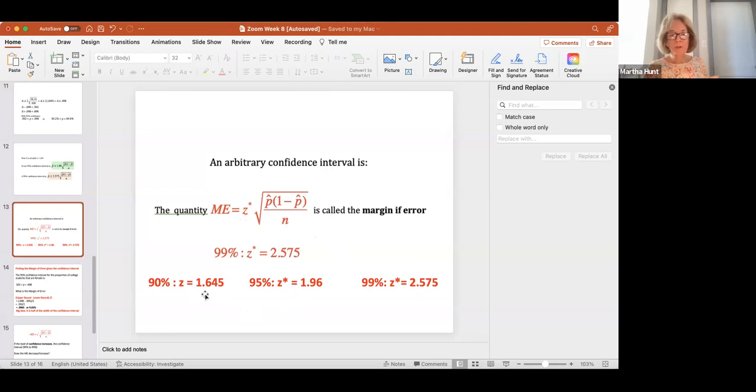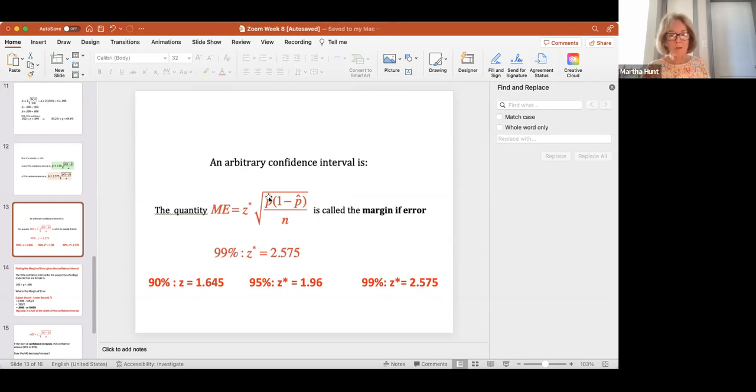If you want to capture the middle 90%, a 90% confidence interval, it's 1.645. 95, a little bit bigger, 1.96. 99, a little bit bigger, 2.575. So the Z value gets bigger and bigger depending upon how confident you want to be.